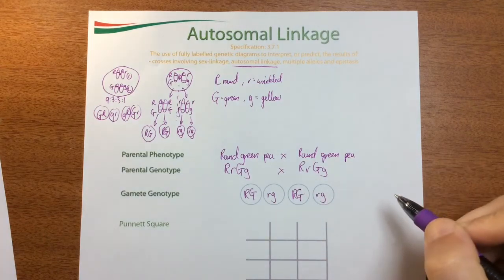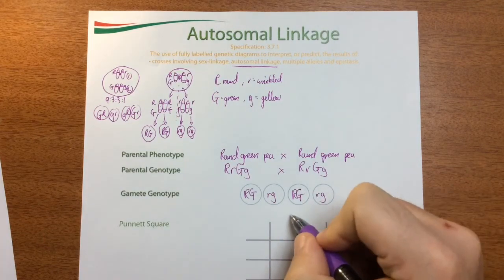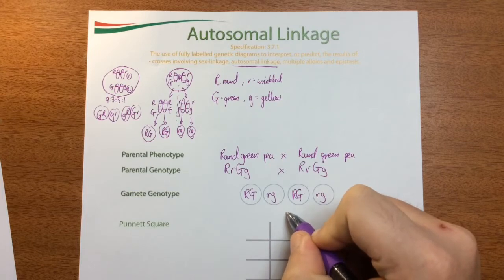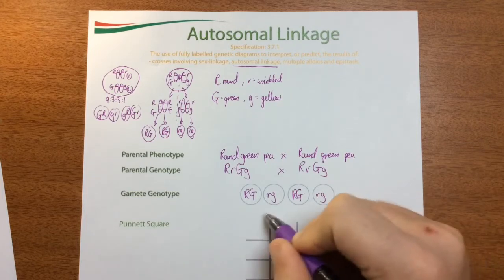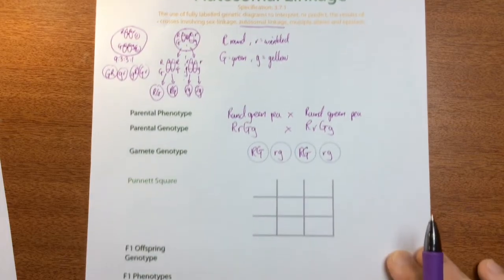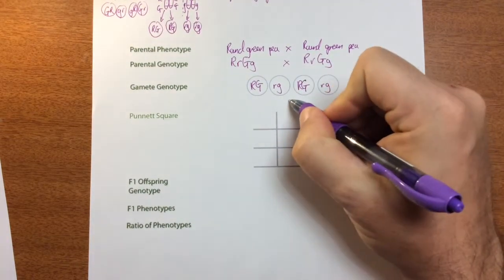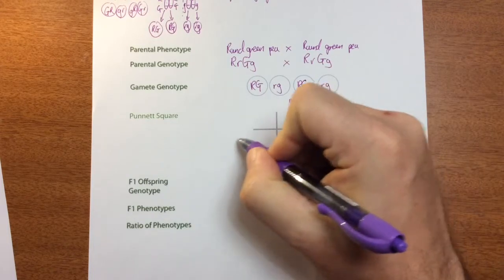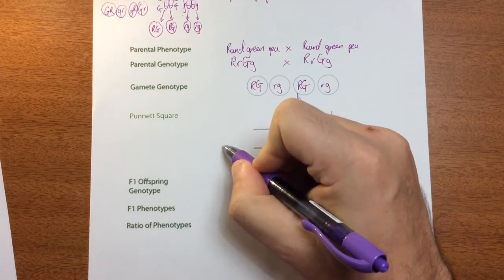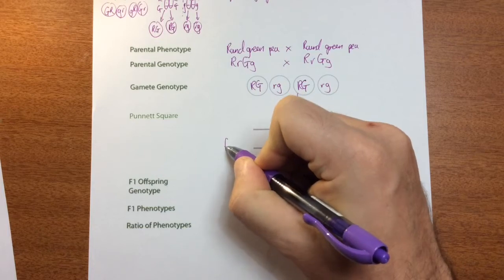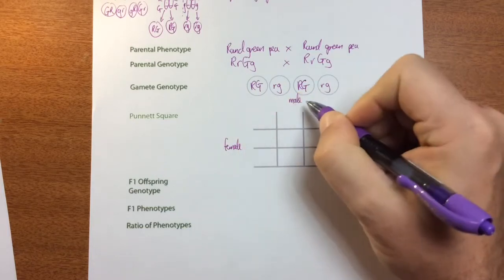These are our only options. So I'm going to add sex in here. I want to do my Punnett square. Let me move this up a little bit. If you're doing this with animals as opposed to plants, we have male and female, so whatever our gametes are.